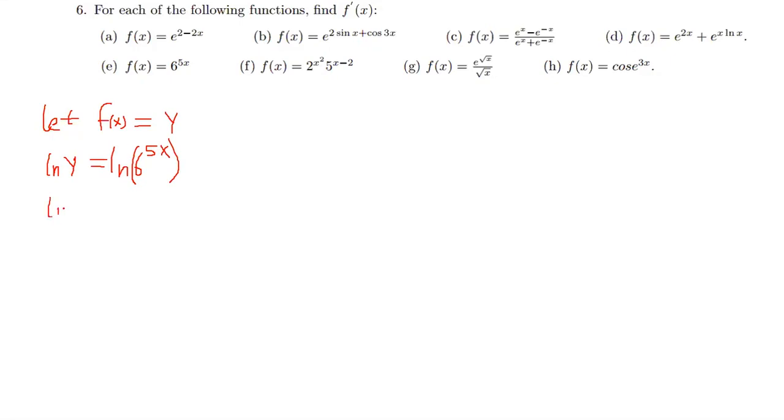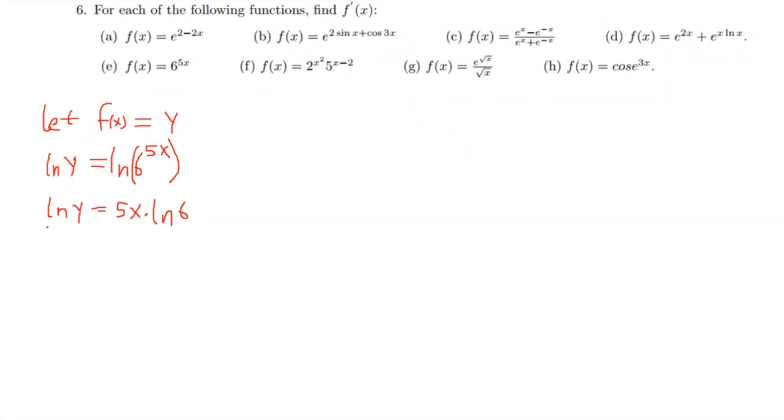So we're going to have ln y being equal to 5x ln 6. We can see now that it's easier for us to differentiate this. And you can see that this is a product of two functions. We have ln 6 and we also have 5x.